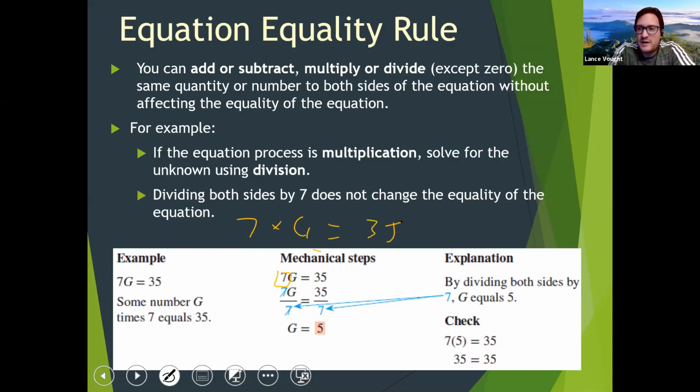So if you want to get G by itself, you're multiplying, so you have to divide based on the opposite process rule. So you end up with divide by 7, divide by 7. So you get G equals 5. Dividing both sides by 7 doesn't change the equality. Multiplying both sides by 7 doesn't change the equality either, it just takes you further away from the actual answer.